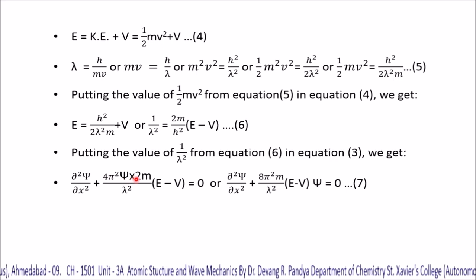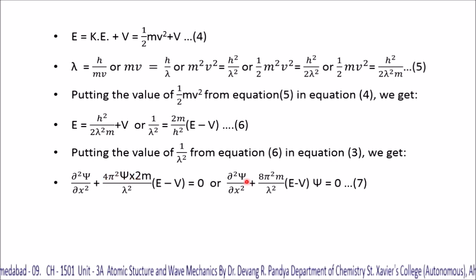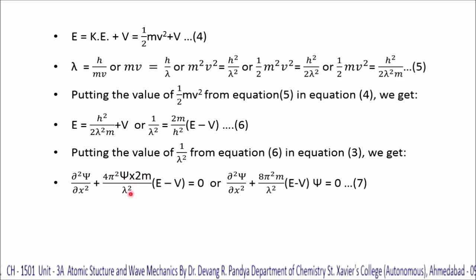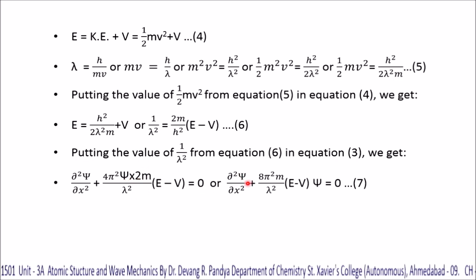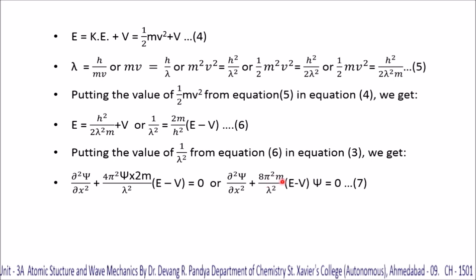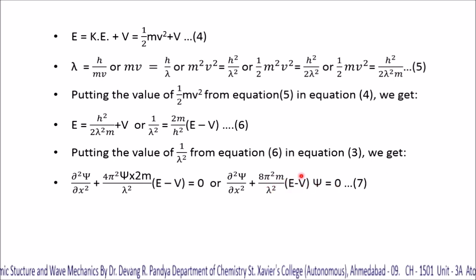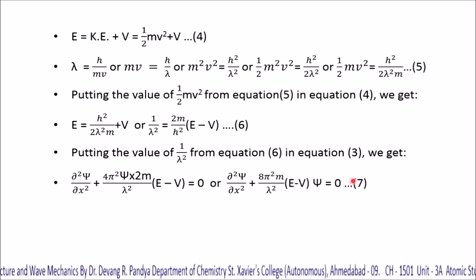Now when 2 is multiplied with this 4, it is 8 pi square, and we put m there. So this will be represented as d square psi by dx square plus 8 pi square m upon h square into E minus v psi is equal to 0. Number this equation as 7.